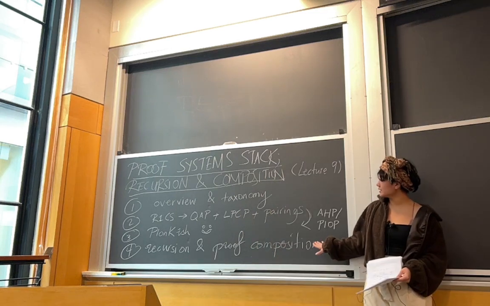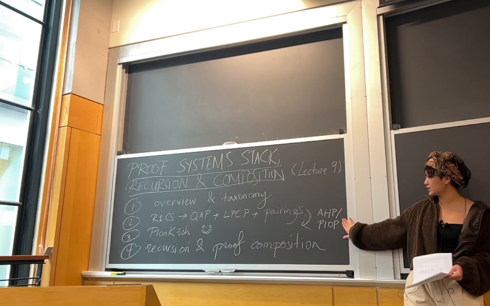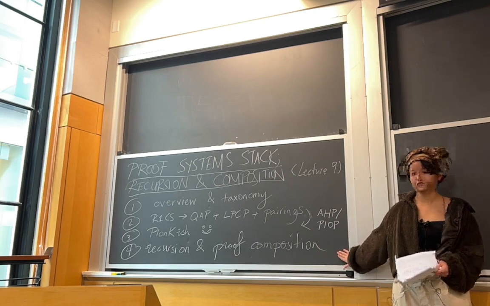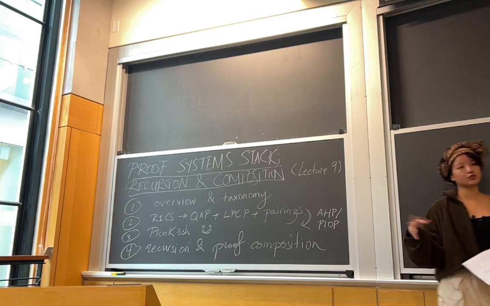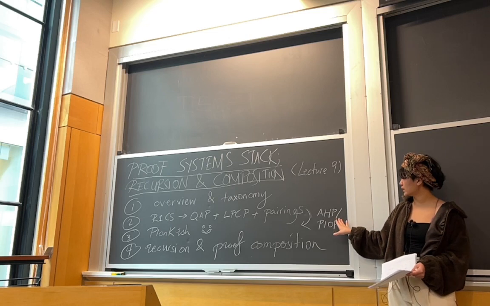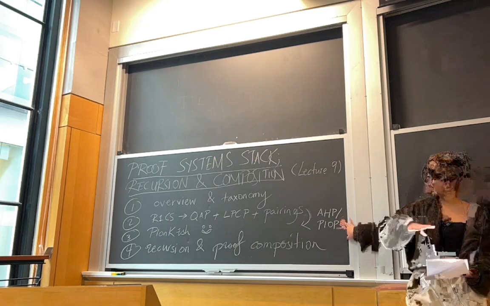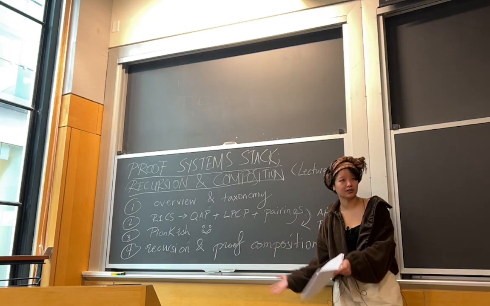And then lastly, we're going to see how proof systems based on AHP and PIOP actually give us efficient full recursion. So the intuition here is that these pre-processing SNARKs move a lot of the encoding of the circuit to a pre-processing stage, so outside the verifier.